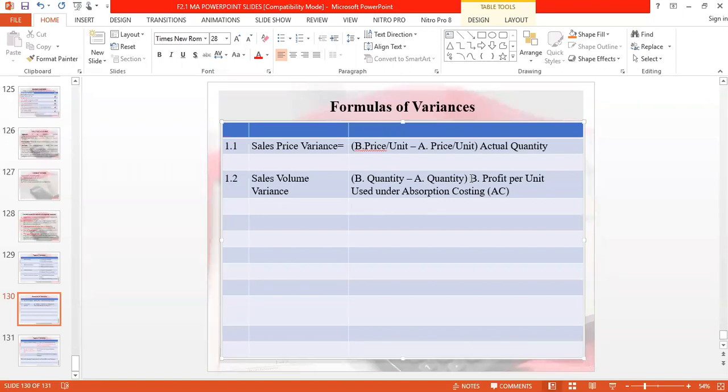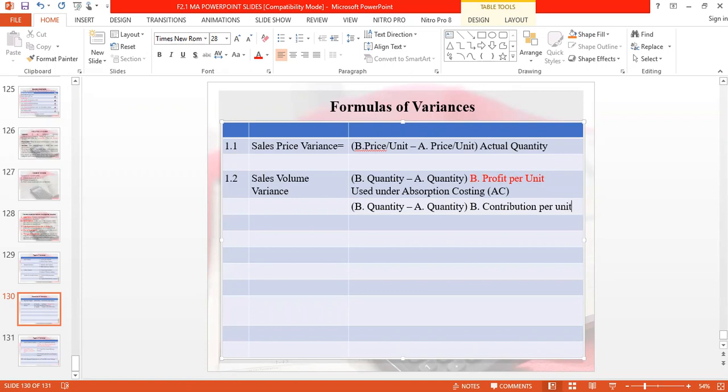So the keyword there is: used under absorption costing. It can also be budgeted quantity minus actual quantity, close the bracket, times budgeted contribution per unit.